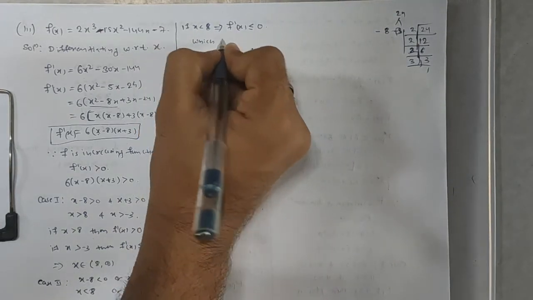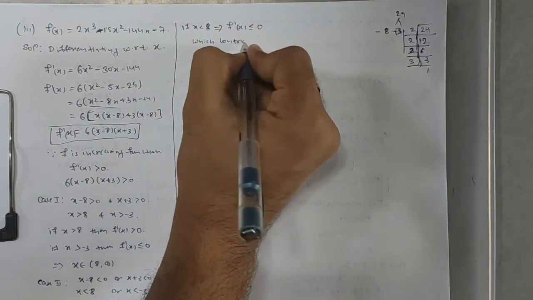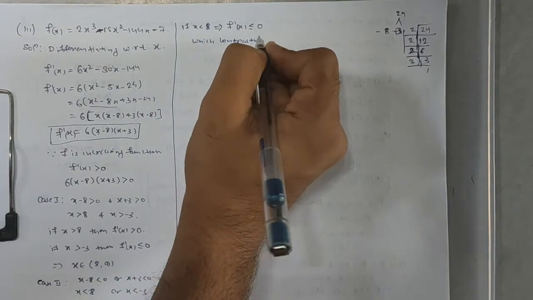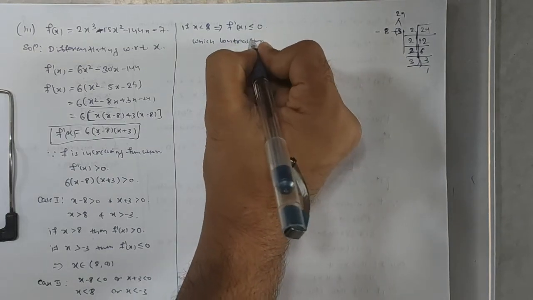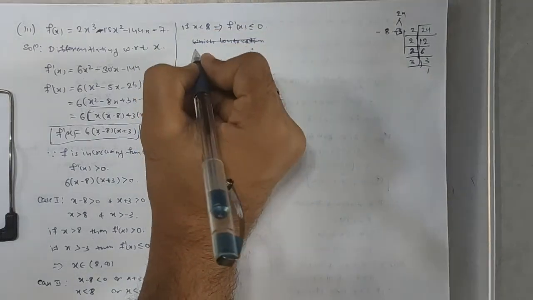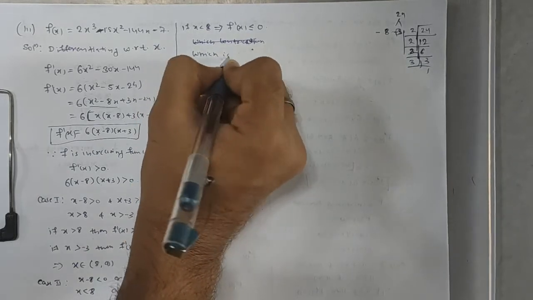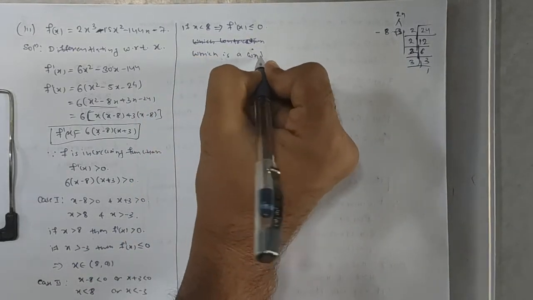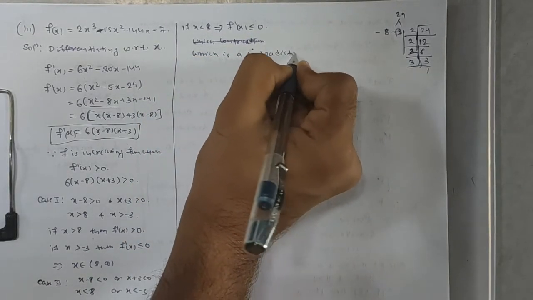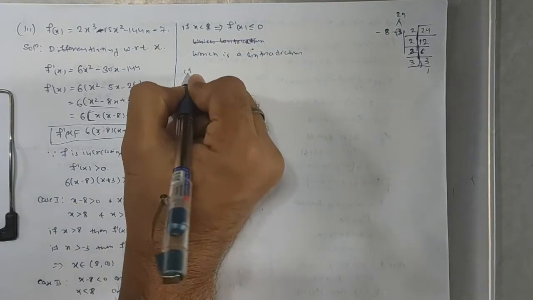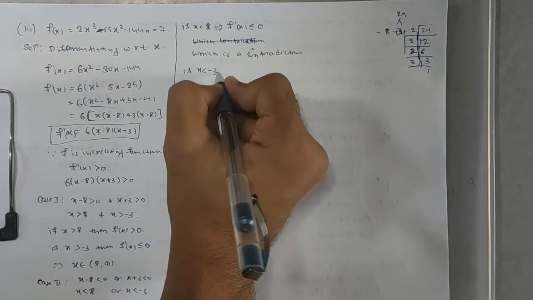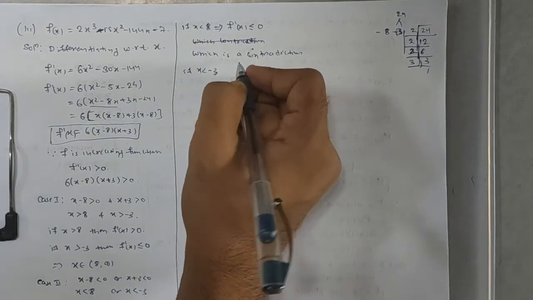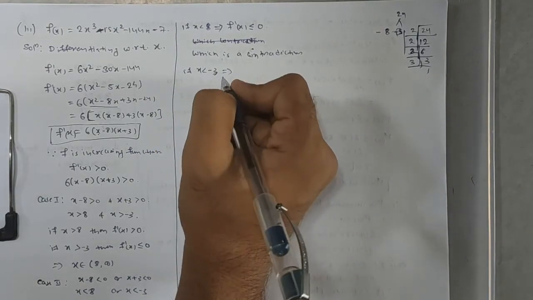which is a contradiction. So if x is less than minus 3, if we take x is less than minus 3, this implies minus 3.